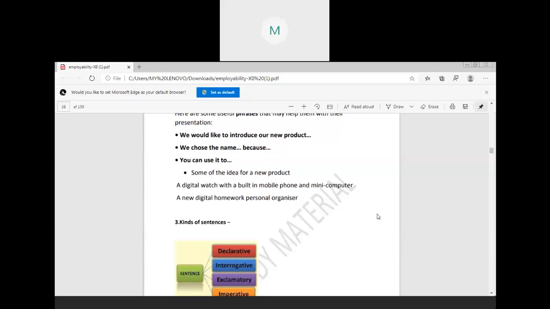कौन बताएगा? Exclamatory sentence कौन सा होता है बेटा? सिद्धांत आप बताओगे? सिद्धांत, what is an exclamatory sentence? Yes. हर्षदीप आप बताओ बेटा क्या होता है exclamatory sentence? This is not good.